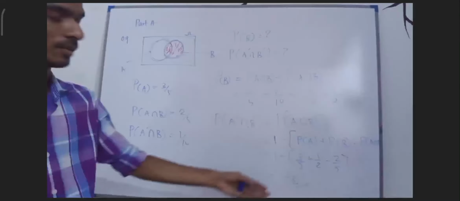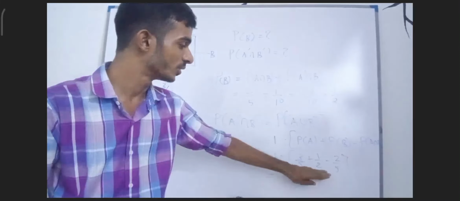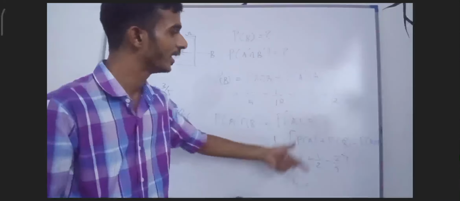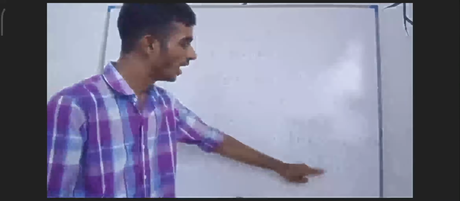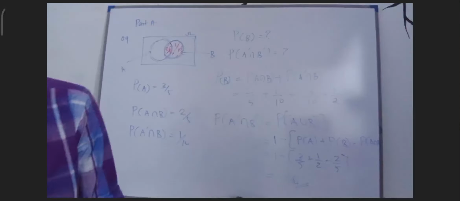I don't spend much time on simplification. I know you know how to simplify this, right? I have just told the idea of approaching this question. After that, only simplification. So this is just a structured question, and I will move to the 10th one.